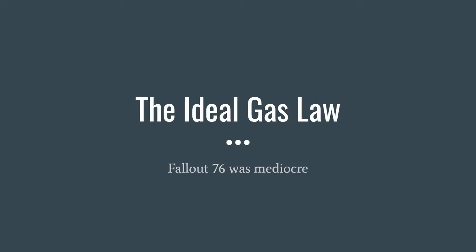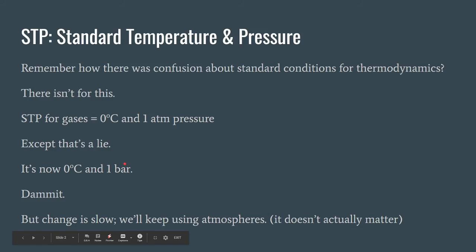All right. So, the ideal gas law. First up, standard temperature and pressure. Remember how it wasn't all that simple for thermodynamics standard conditions because nobody could agree on temperature? The same is kind of true for standard temperature and pressure for gases.